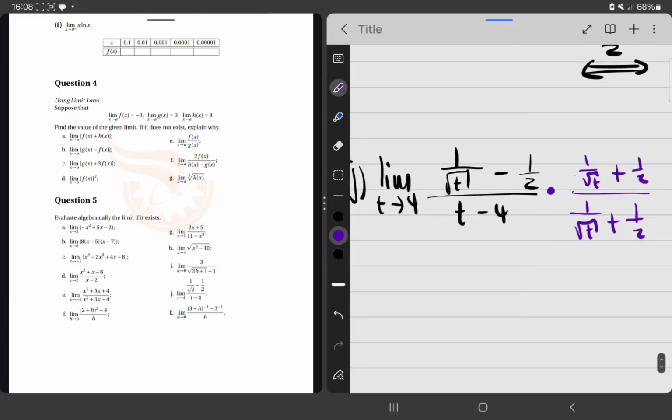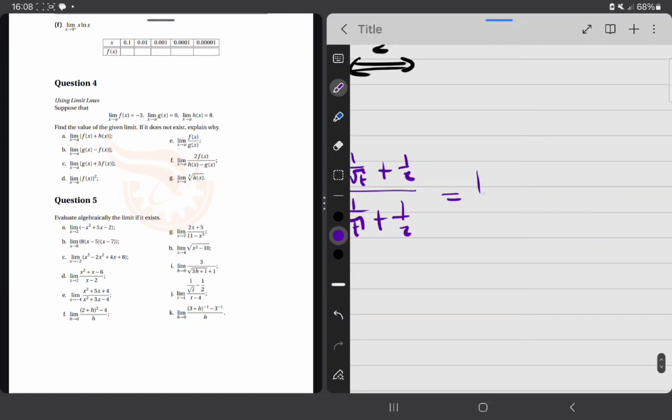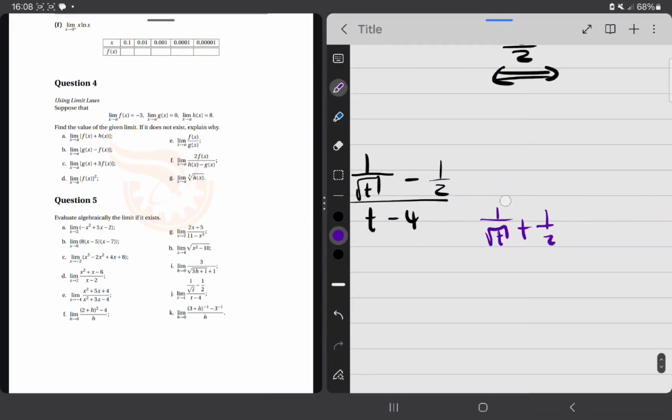And what is going to happen here is this is going to be equal to the limit as t approaches 4. Let me rewrite it. Then we put a big bracket, then we put the thing.